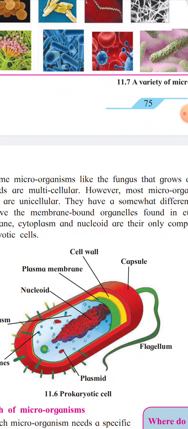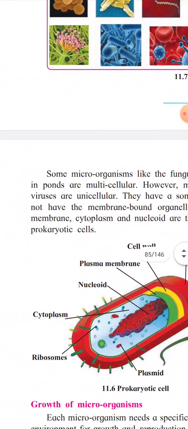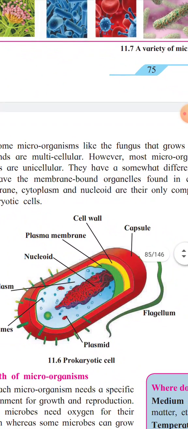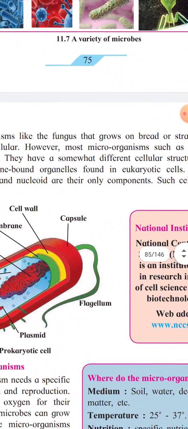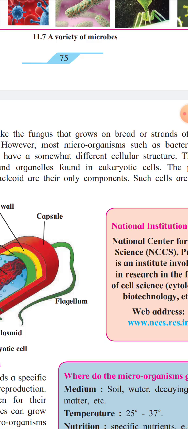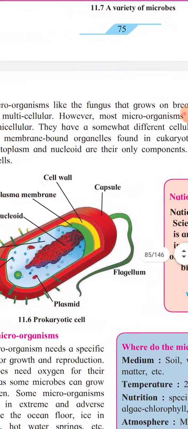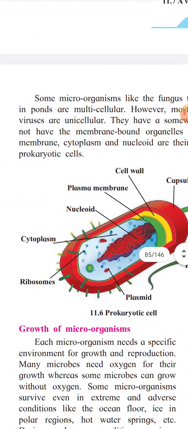They have a somewhat different cellular structure. They do not have the membrane-bound organelles found in eukaryotic cells. The plasma membrane, cytoplasm, and nucleoid are their only components. Such cells are called prokaryotic cells.